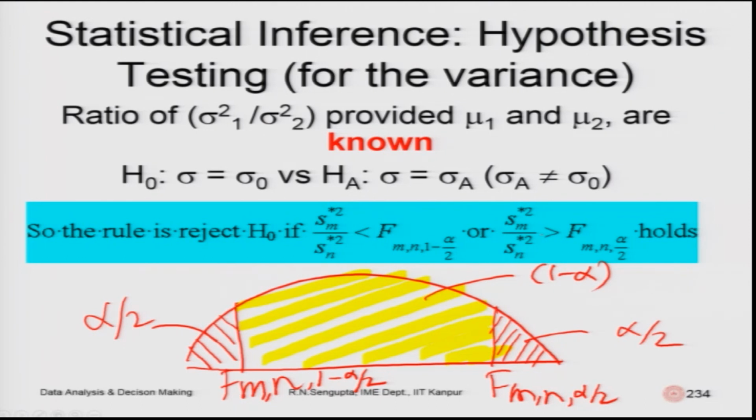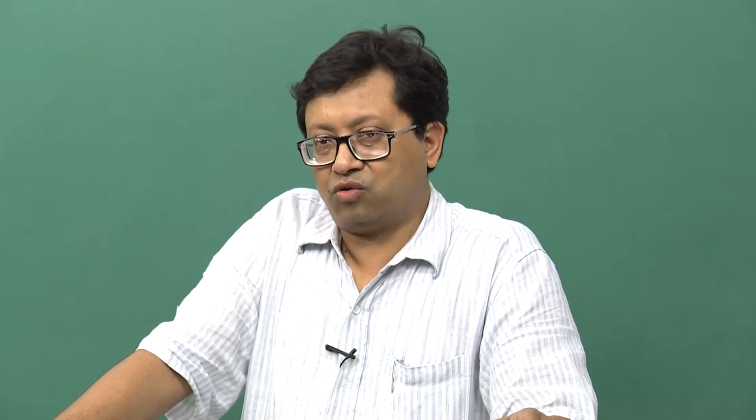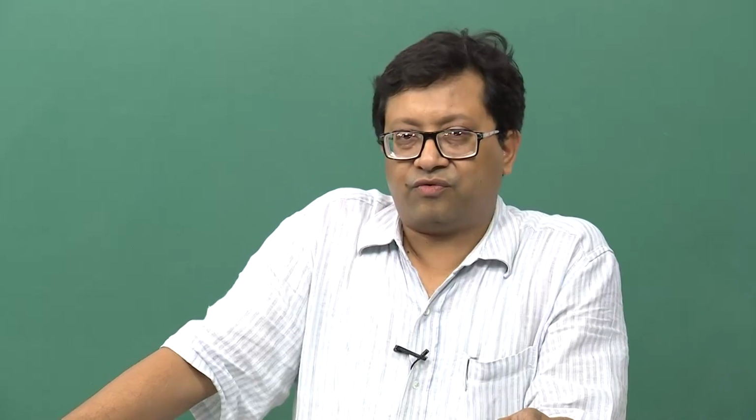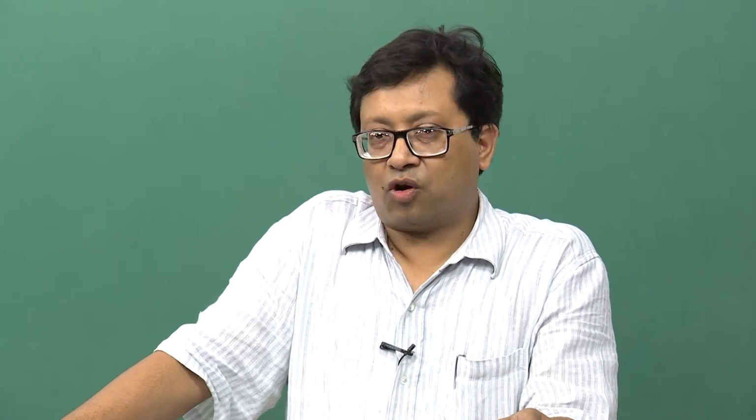So, in this case you will reject the H naught provided that the ratio of the standard error squares, that is S dash and S dash from both the cases, because mu 1 and mu 2 are known, is less than f m comma n comma 1 minus alpha by 2, or greater than f m comma n comma alpha by 2.